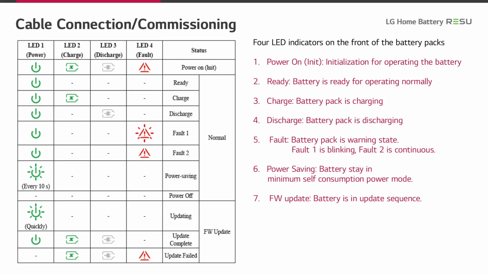The LED number 3 shows you if a process of discharging is occurring. The LED 4 is meant to show up a fault which is happening. By means of this matrix, you can see what state of the battery is happening in all combinations of the 4 LEDs.